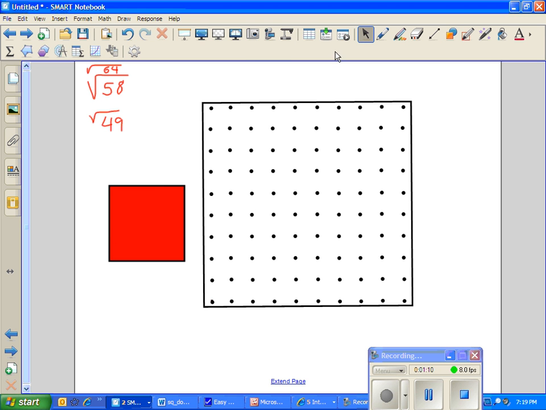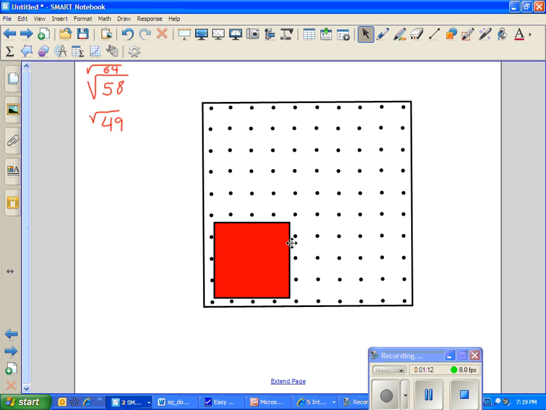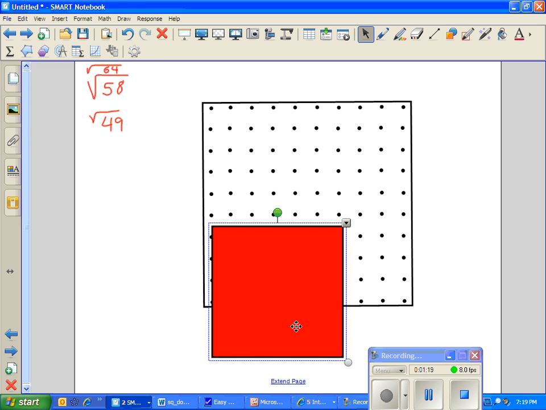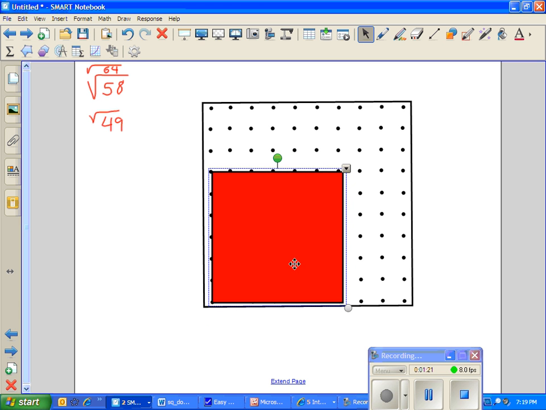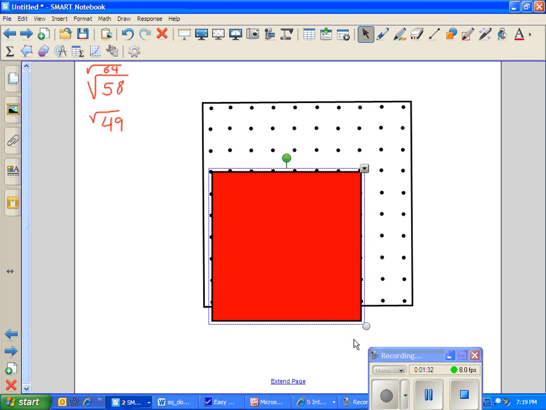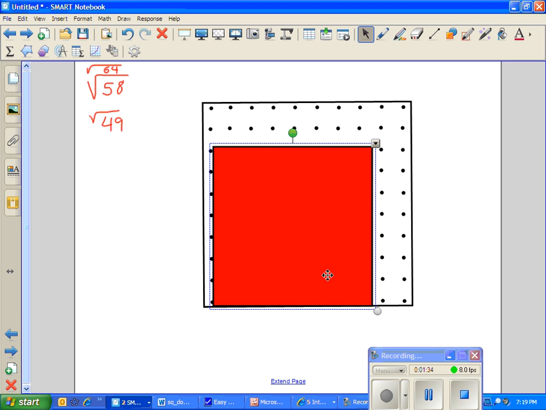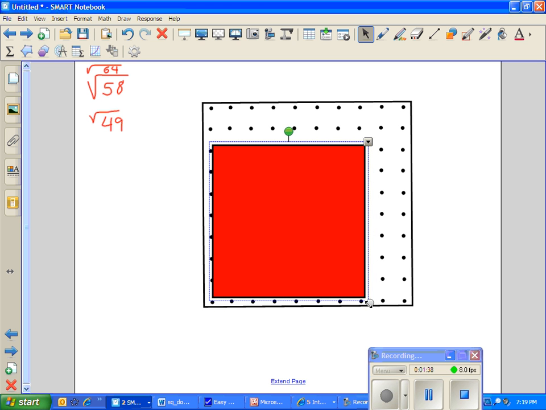So I'm going to put this square on these dots and stretch it until I know it's 7 high. 1, 2, remember we're counting spaces. 3, 4, 5, 6, gotta go one more. And of course now I have to shrink it.